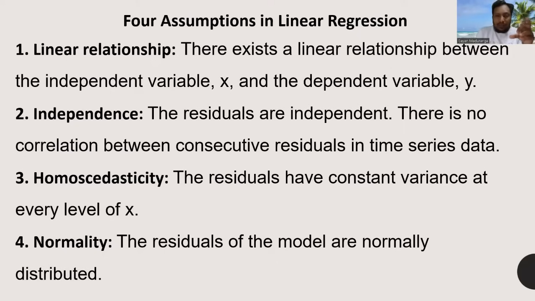Error is the difference between the actual value and the predicted value. We assume the residuals are independent. And homoscedasticity, that means the residuals have constant variance at every level of x. X means the independent variable. And we also assume our residuals are distributed normally.